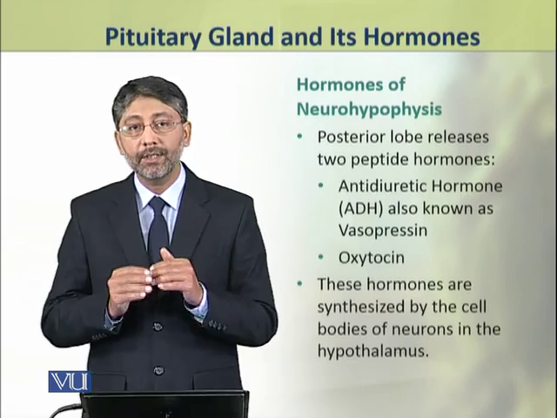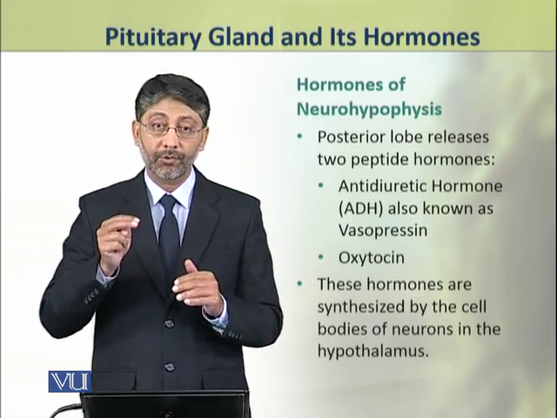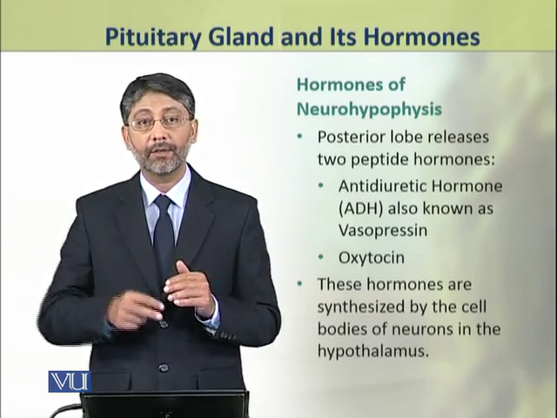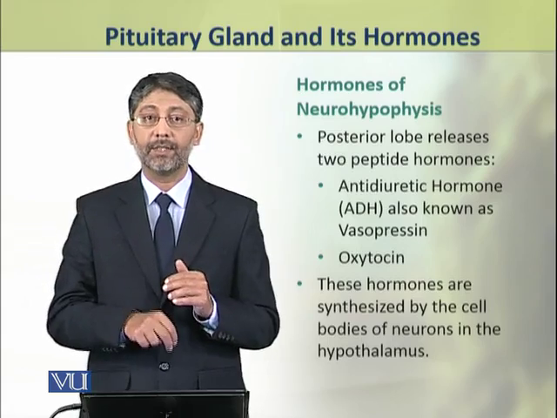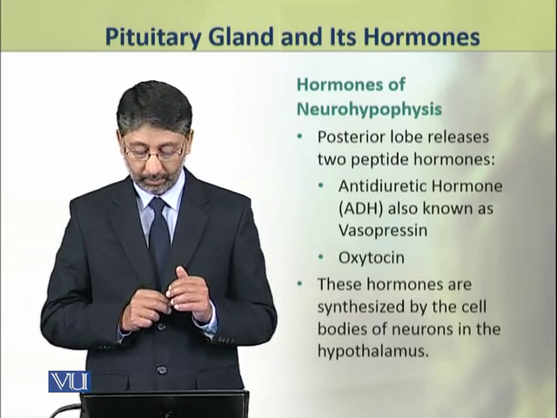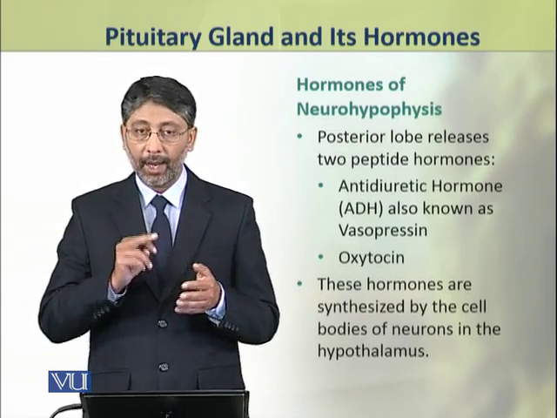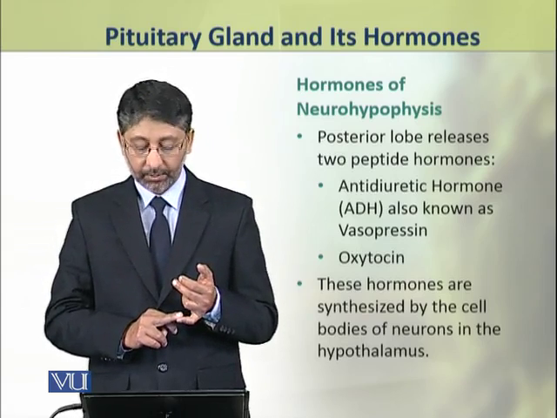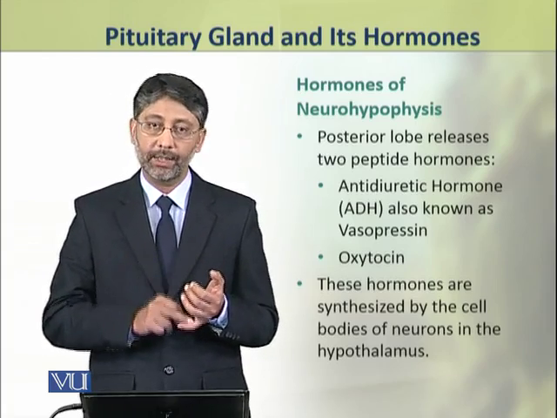It does not synthesize any hormone, but it releases two hormones which are synthesized by the hypothalamus and released in this part of the pituitary. These two hormones are the peptide hormones, antidiuretic hormone ADH, which is also known as vasopressin, and oxytocin.